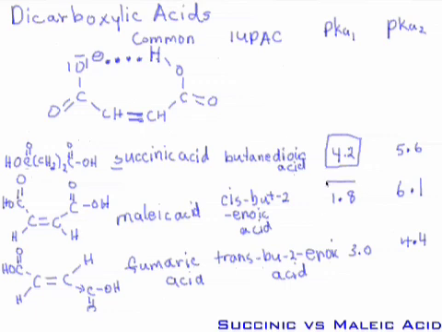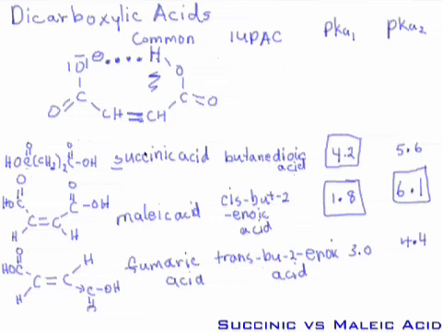But that same hydrogen bonding, which lowers the first pKa, that same interaction with the negative charge is going to make it less likely to lose the H+. Thus, you see an increase in the pKa value, a decrease in acidity. For the second pKa, the loss of the second hydrogen becomes less likely.